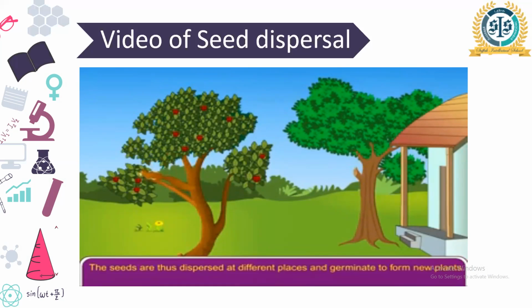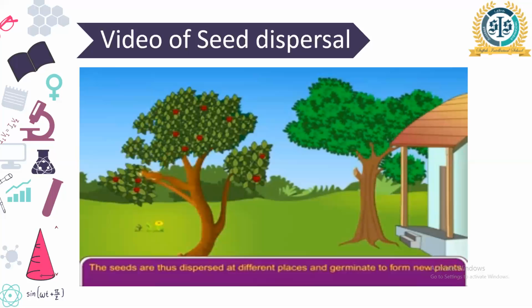Then I also told you that there are different methods of seed dispersal. Like seeds can be dispersed through animals, birds, and insects. Through animals in such a way that the seeds or fruits can be attached to their fur. And when they travel from one place to another, the seeds or the fruits travel with them.